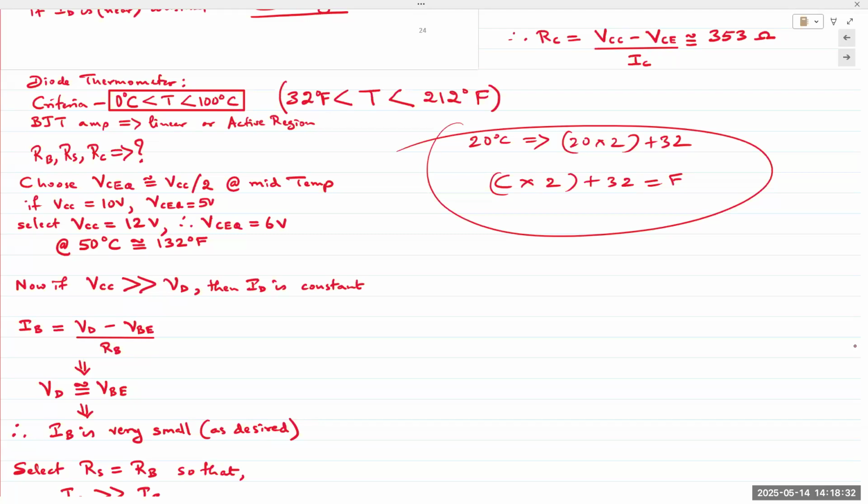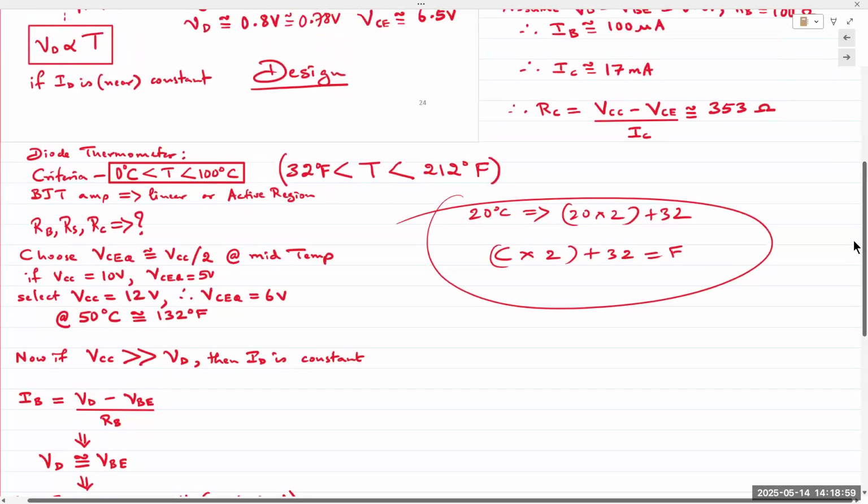No matter what value we choose for our VCC, we should design our system so that the BJT VCE output voltage is about half of that VCC. So if VCC is 10 volts, we choose VCEQ as 5 volts. If VCC is 12 volts, then VCEQ is 6 volts. Okay. All right.